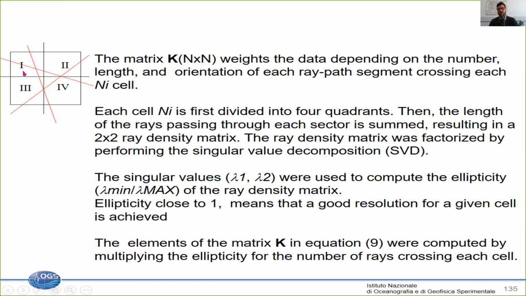Otherwise, we are not able to distinguish the velocity changes. It's very important that the rays cross the cell from different directions in order to better distinguish the lateral variation. Therefore, you can also weight each cell in a different way in your inversion, depending on the distribution of the rays within it.